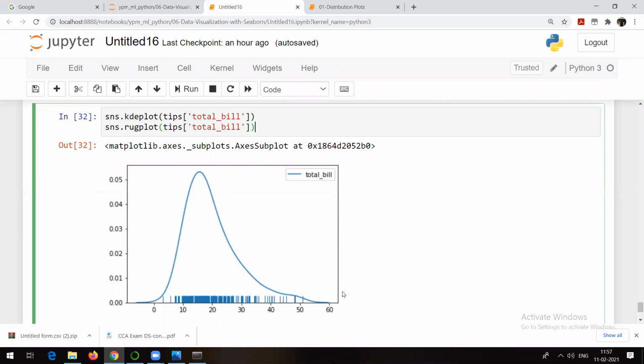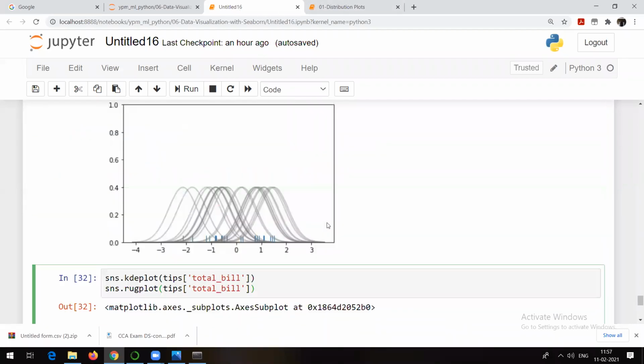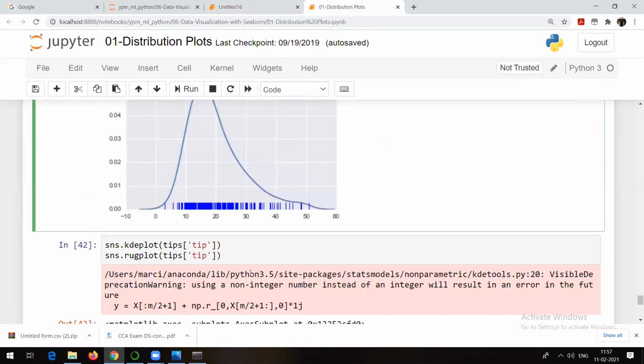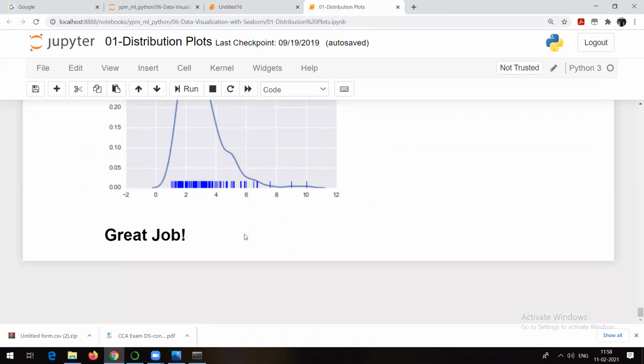You people don't have to type each and everything. This file is already shared with you. If you want to run it, you can copy paste the command in a new notebook. Always try to run things in a new notebook, because whatever I have shared is going to be required for practice. Everything is systematically written in that case.